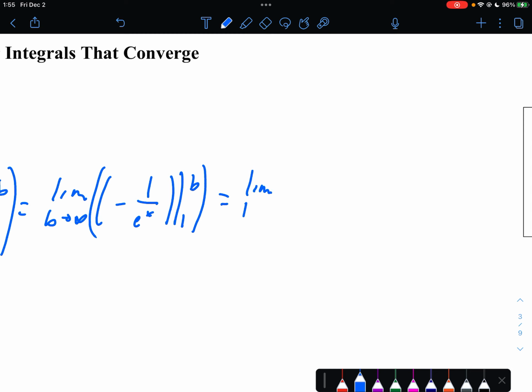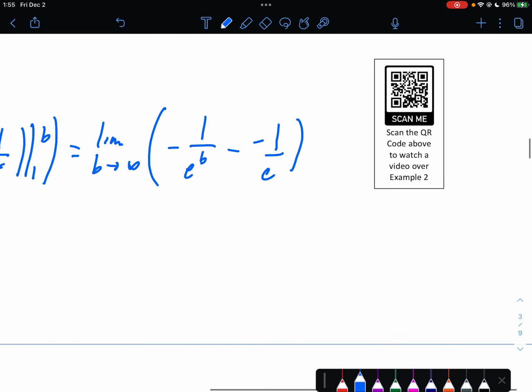Substituting in, we get the limit as b approaches infinity of negative 1 over e to the b minus negative 1 over e, which we can simplify down to negative 1 over e to the b plus 1 over e.